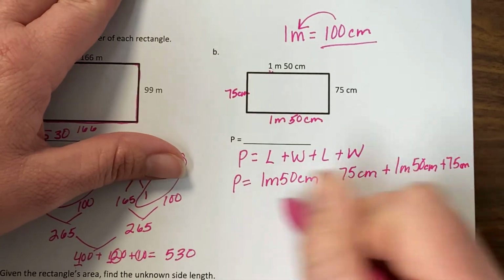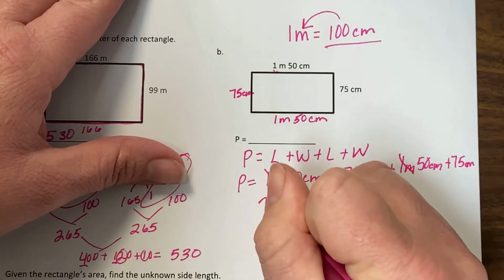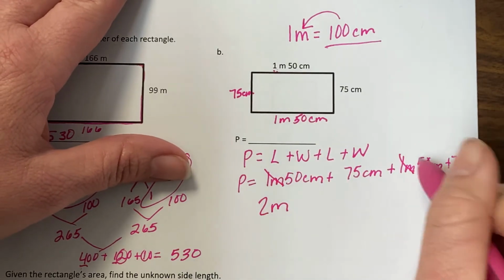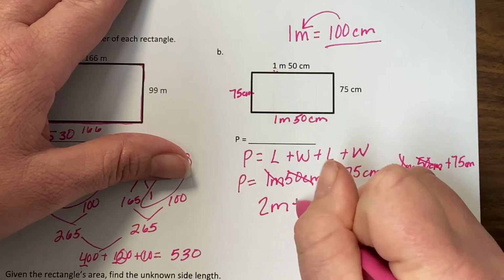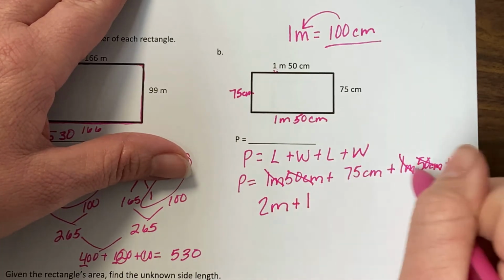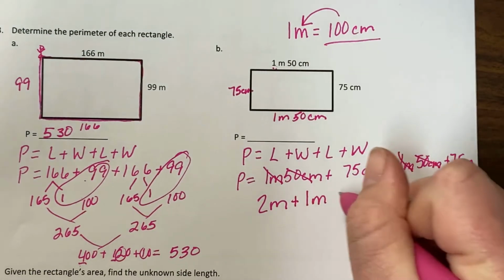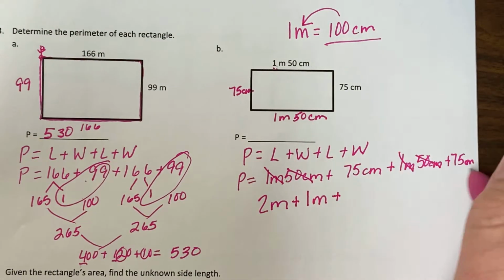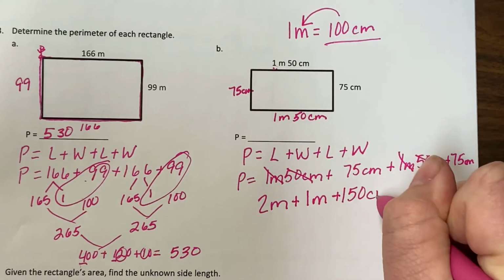So when I am adding these together, I'm going to get rid of my 1 meter. So I've got 2 meters. And if I use these right here as 50 centimeters, that means that's going to be another meter, because it's going to equal 100 centimeters, which is 1 meter. Then I can add my 2, and I know that's going to be 150 centimeters.